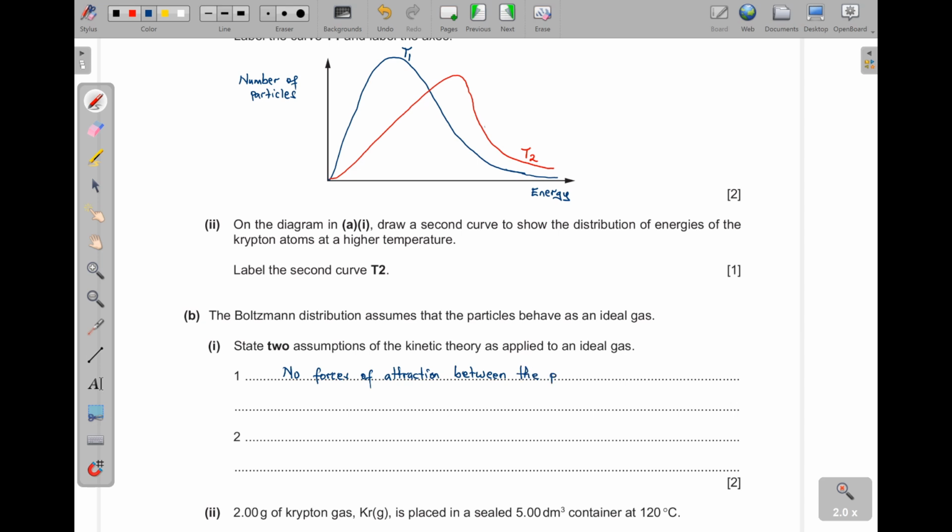And when we come to the liquids, there are significant forces of attraction between the particles. So that's why the particles are in layers and they are able to slide over each other. And then in solids, they are closely packed. That means the forces of attraction are really stronger compared to the gases. So for the gases, the particles are just distant from each other, so the forces of attraction have to be negligible.